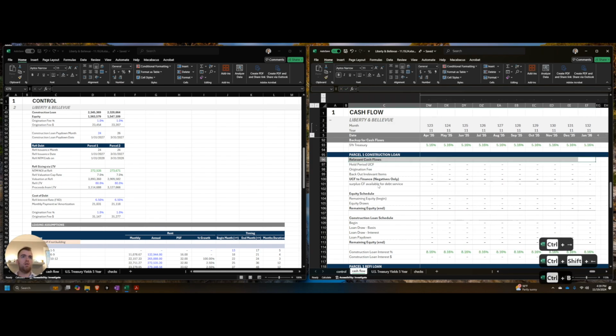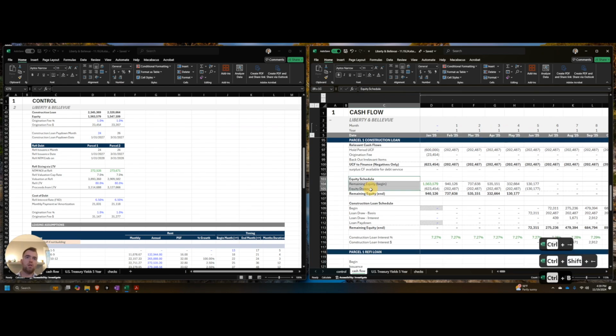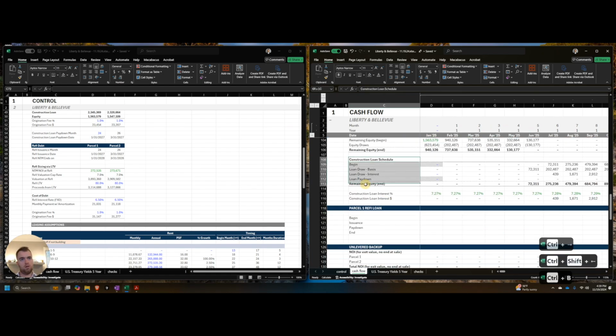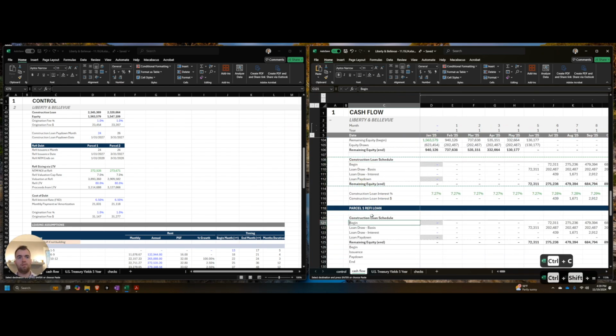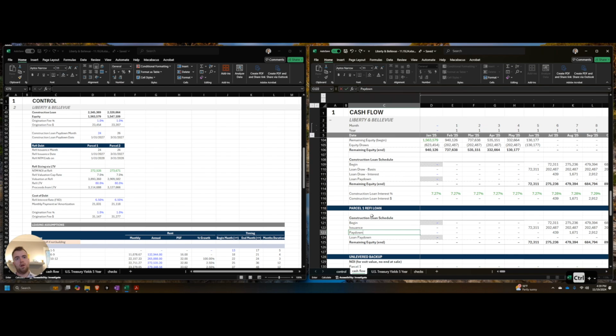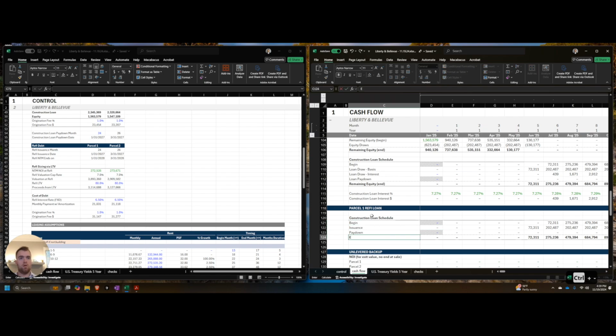I'll just call that relevant cash flows. I'm just going to take this for the style. I'm going to rename them back to what I was. So begin, issuance, pay down, end.